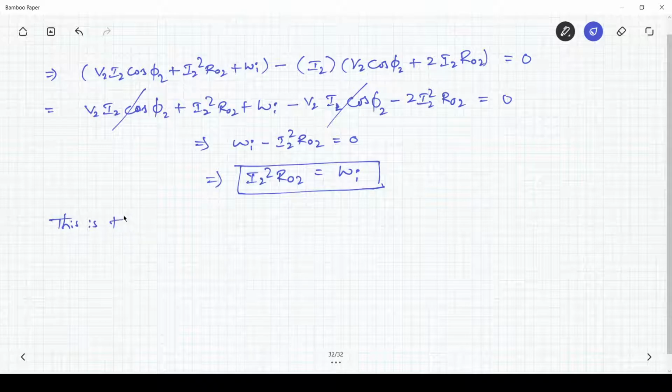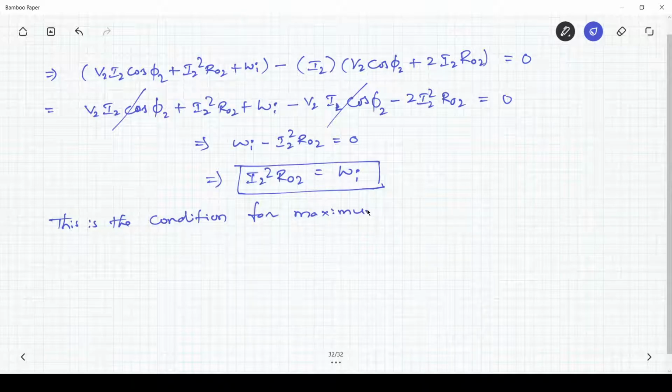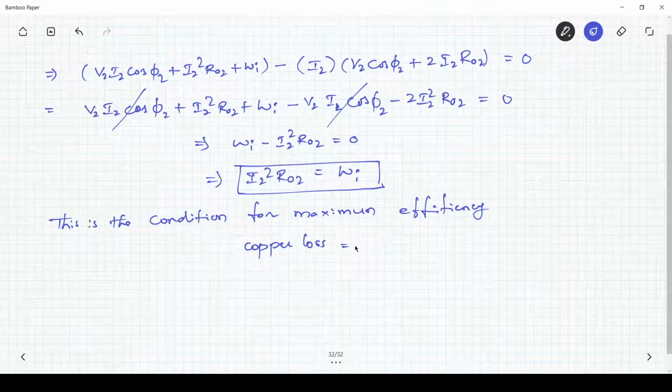This is the condition for maximum efficiency. What is this condition? Copper loss equal to iron loss.